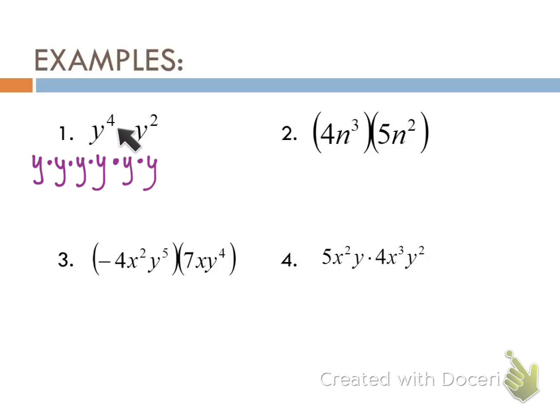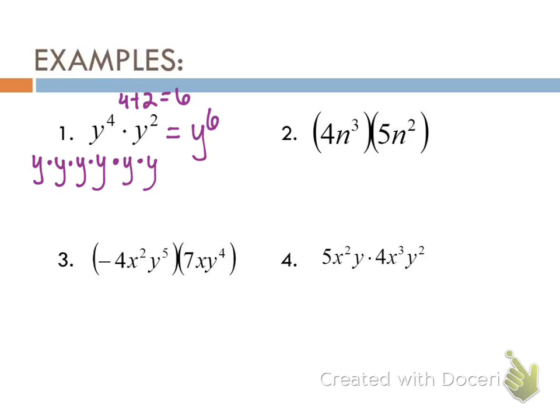And what do we notice about 4 and 2? They add up to 6. So that is why we have the product of powers rule that we just talked about. That's why we add the exponents. Okay, so we add 4 plus 2 to get that 6.